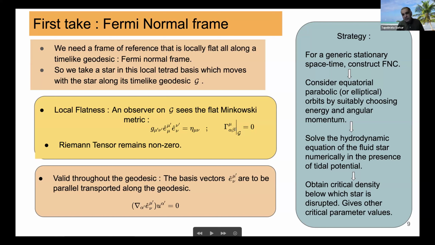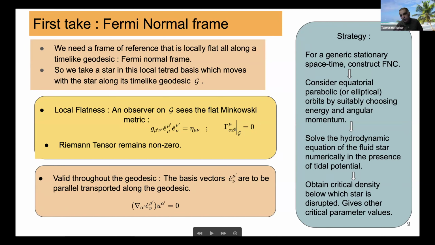Then, because you are in the local rest frame, you could solve the hydrodynamic equations of the fluid star in the Newtonian limit. Because you have gone to this Fermi normal coordinate, you are in the locally flat frame.